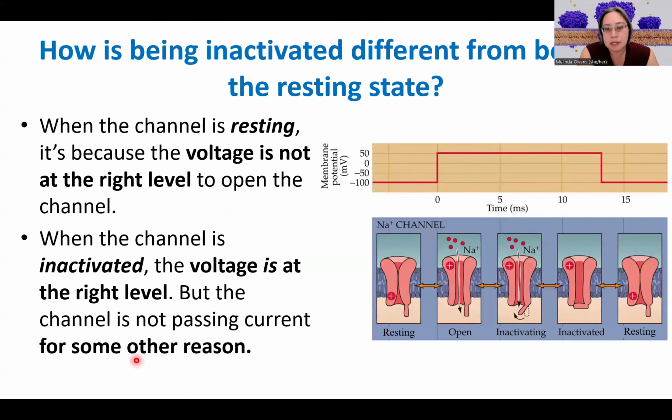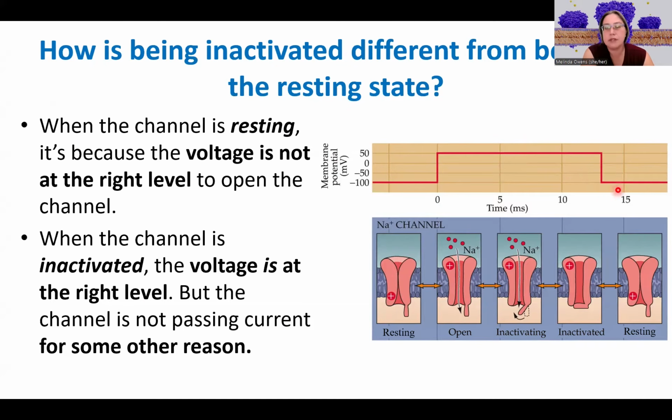Okay, so just to clarify, how is being inactivated different from being in the resting state? When a channel is resting, it's because the voltage is not at the right level to open the channel. It's too low. So it's going to be here in the resting state. Here it's going to be open, and then along here, after some period of time, it's going to be in the inactivated state.